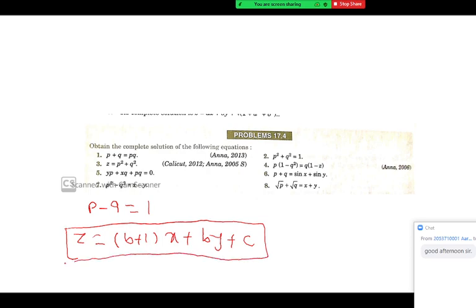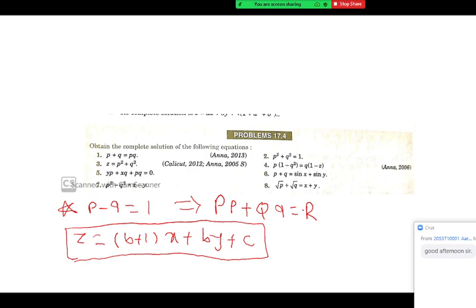But if you observe this differential equation, this is also in the form of capital P p plus capital Q q is equal to capital R, where small p and small q are dou z by dou x and dou z by dou y, and capital P, Q, R should be functions of x, y, z. In this case, capital P is 1, capital Q is minus 1, capital R is 1.